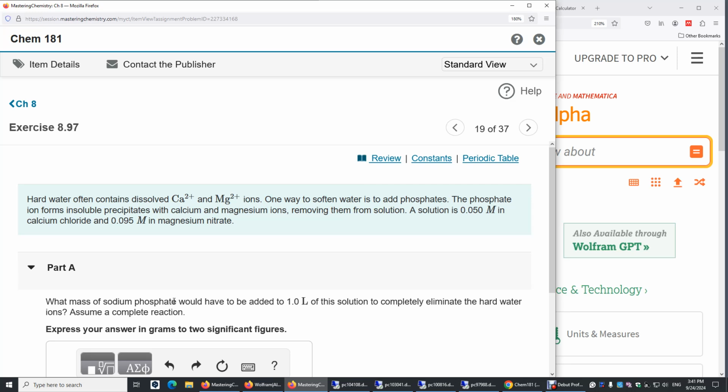Because phosphate bears 3- charges, 3 calcium 2+ react with 2 phosphate ions. Same here. So we have a ratio of 3 to 2.